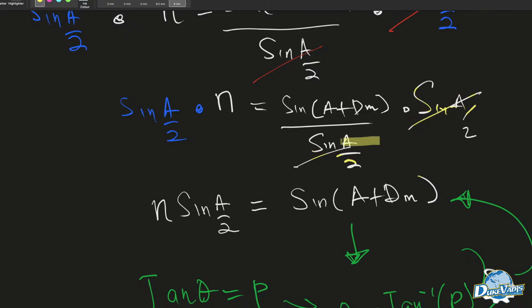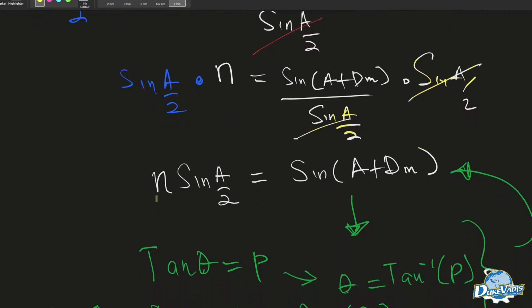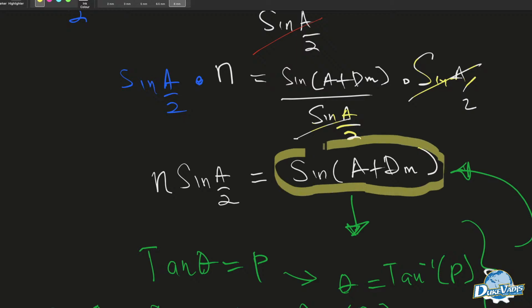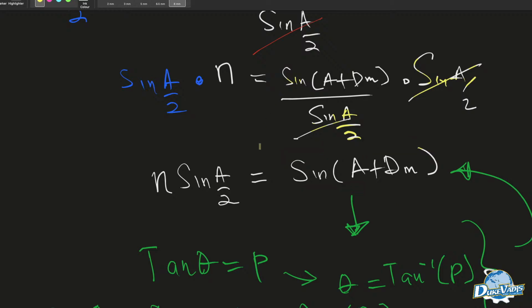Have you seen it? So we'll be left with the product, sine A over 2 multiplying this n. So then we summarize it here that n sine A over 2 is equal to sine of the bracket, the sum, which we haven't changed anything at all. That's what we have on top here.